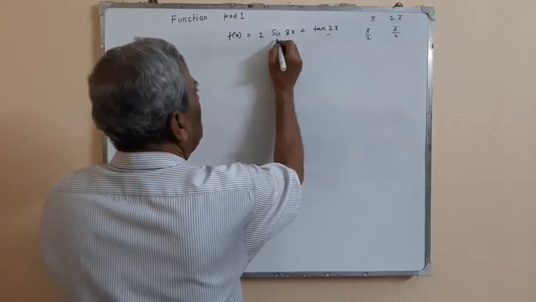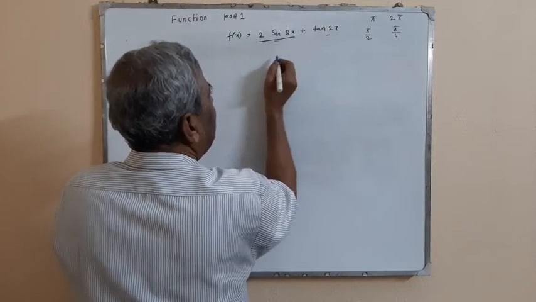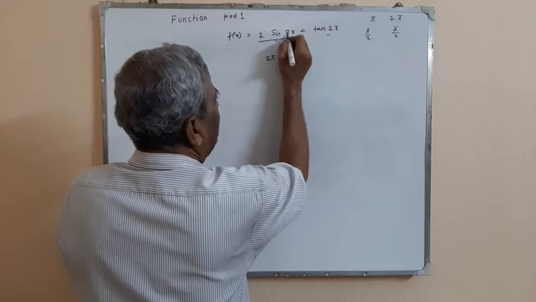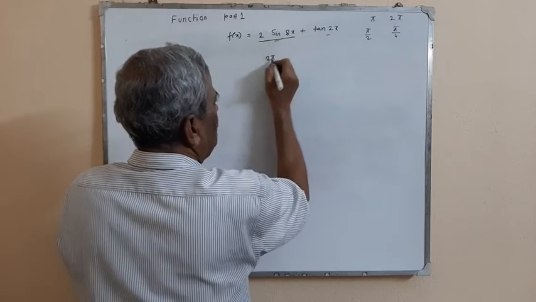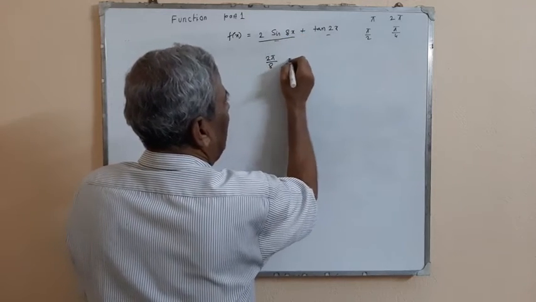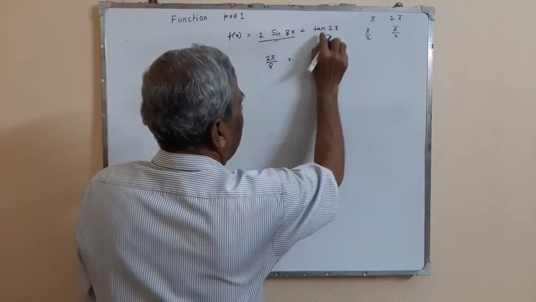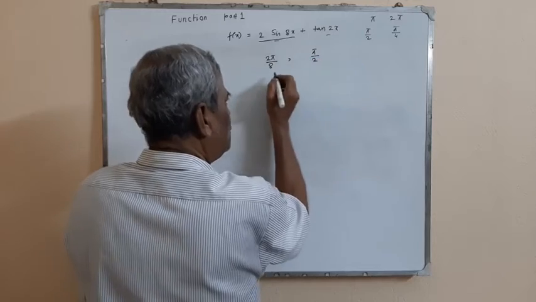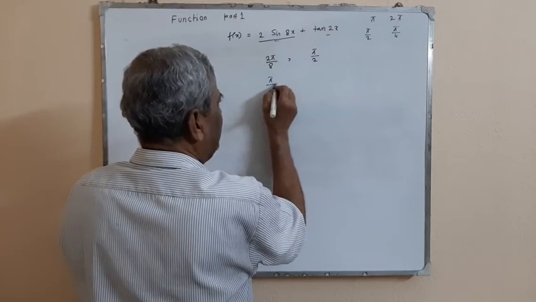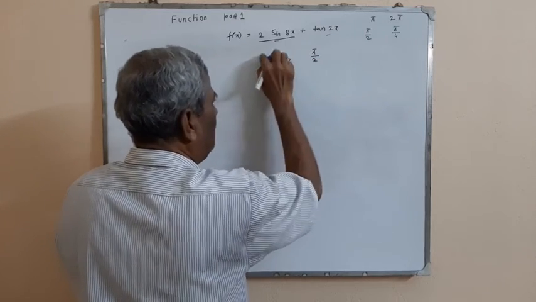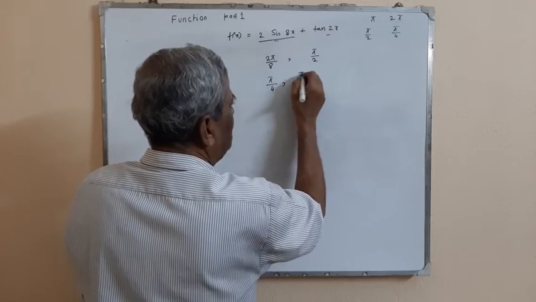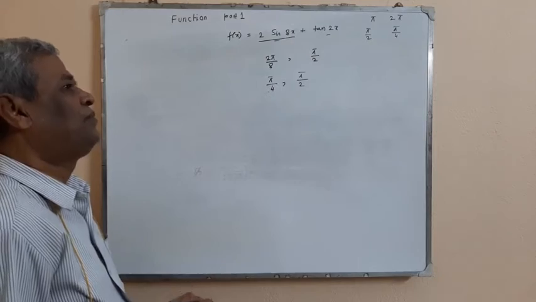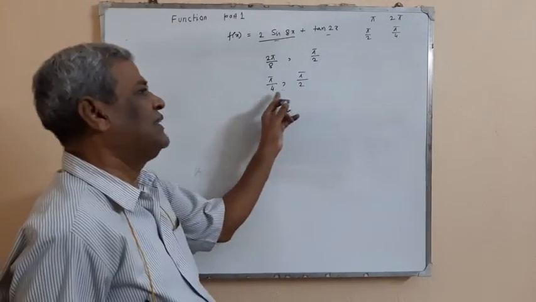For the sine part, its period is 2 pi divided by 8, the coefficient of x, and the tan function's period is pi by 2. So that is pi by 4 and pi by 2, and our answer is the LCM of this and that.